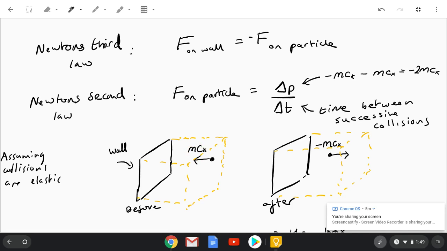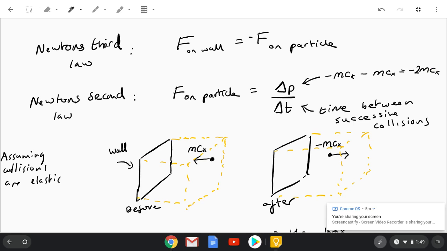Mass times speed is the momentum, and the change in momentum is the final momentum, minus mass times speed in the x direction, minus the initial momentum, mass times speed in the x direction. We get the change in momentum as minus 2 times mass times speed in the x direction.